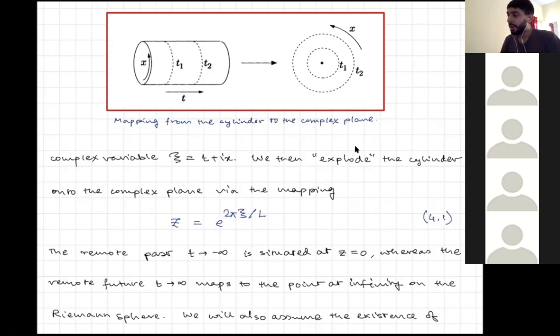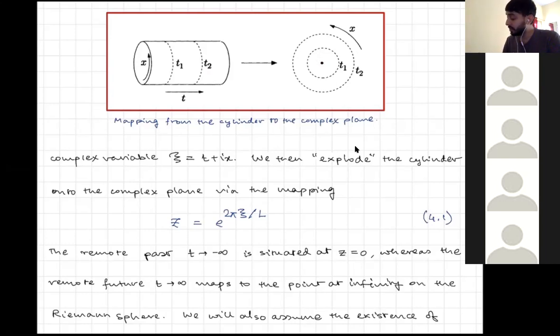So minus infinity is mapped to the origin here. What we will see later is that an operator, which is equivalent to a state in this CFT language, is inserted at t equal to minus infinity, and equivalently on the plane, this operator is inserted at the origin. This is the very nice thing about this mapping from the cylinder to the plane.